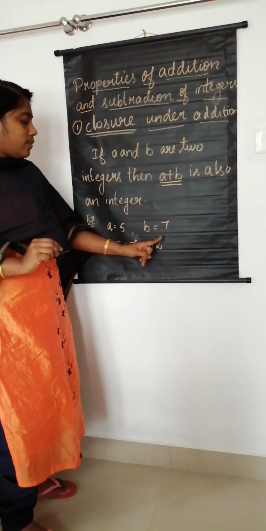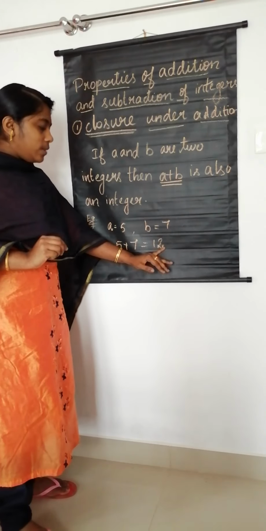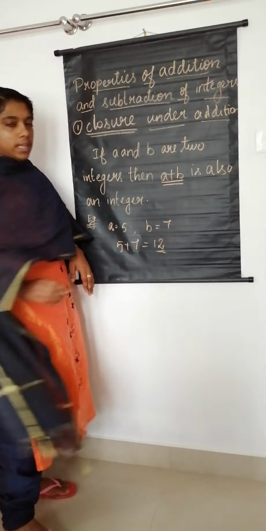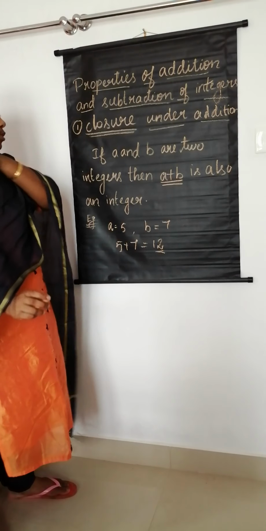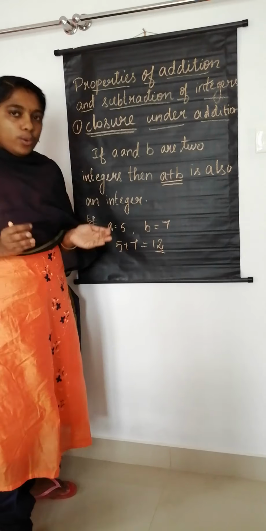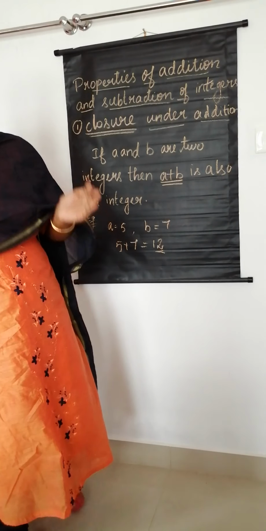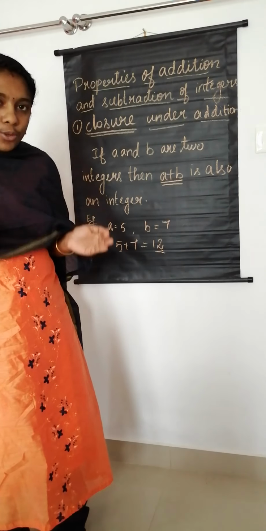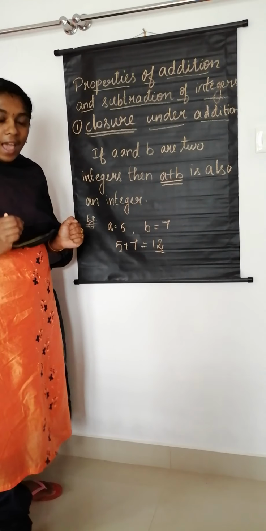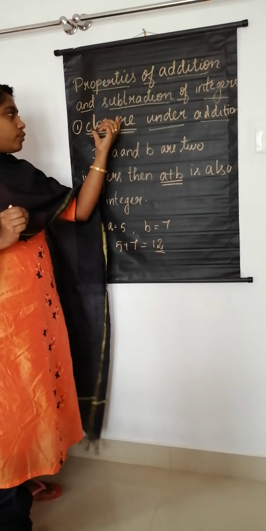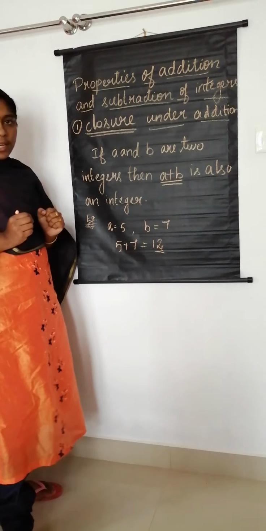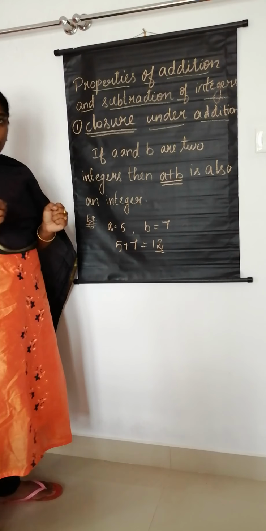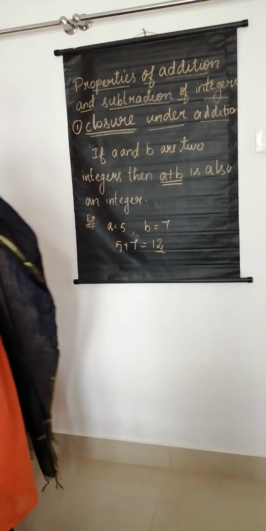That is 5 plus 7 is equal to 12, and 12 is also an integer. That is closure under addition. If we have any two integers, then the sum of the two integers will also be an integer. Hope you all have understood closure under addition.